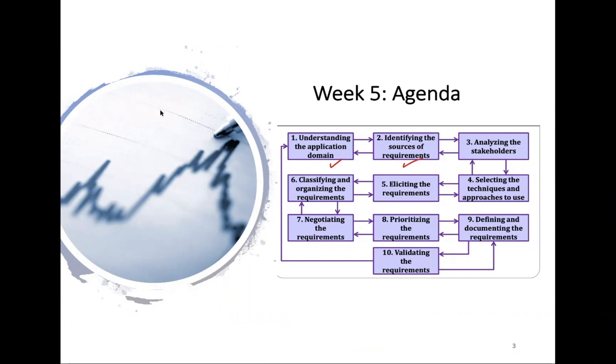Once we have identified different sources of eliciting requirements, we have to perform stakeholder analysis and identify the stakeholders, their roles, their influence, their power in the project. And then we have to make a recommendation on which technique we will use to elicit requirements. As I said before, it is mainly dependent on the project. And then we have collected or gathered requirements.